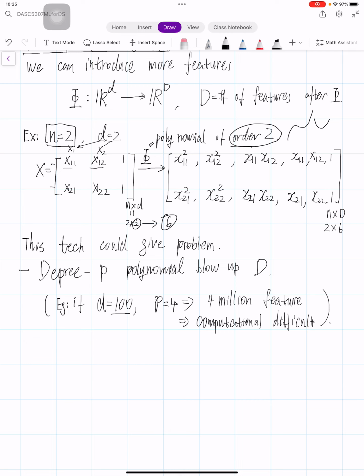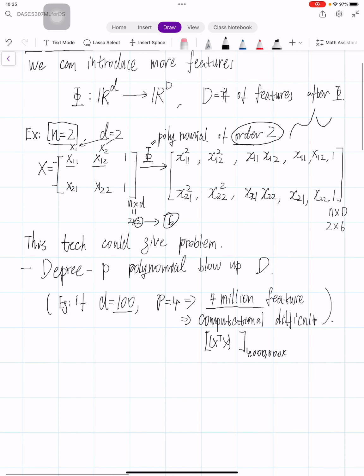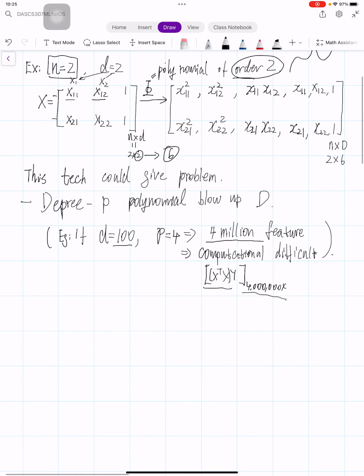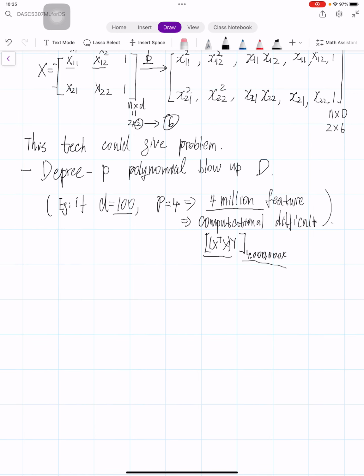For example, in linear regression, if your design matrix is 4 million by 4 million, so that x transpose x is 4 million by 4 million, taking the inverse of that huge matrix is impossible. Even with a supercomputer, you cannot calculate that big a matrix. That is only with 100 dimensions and order 4.